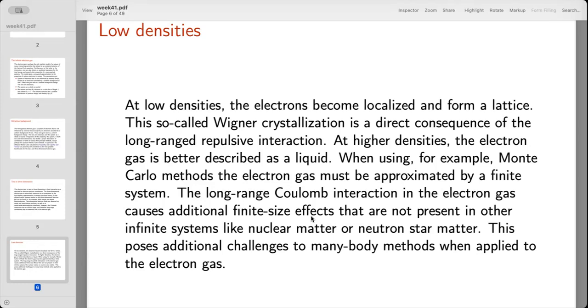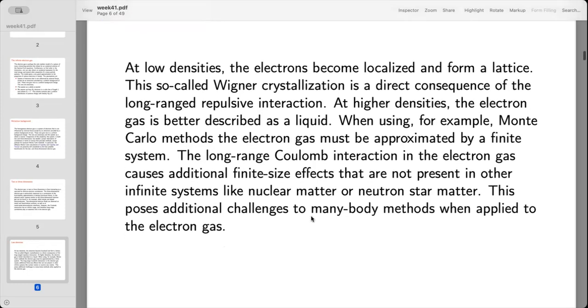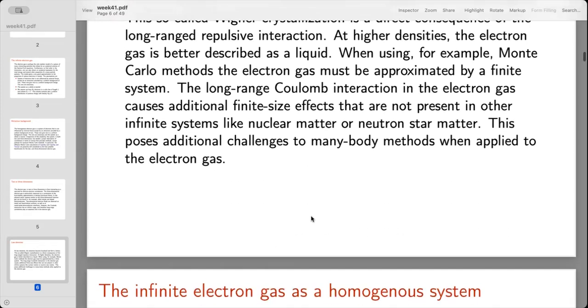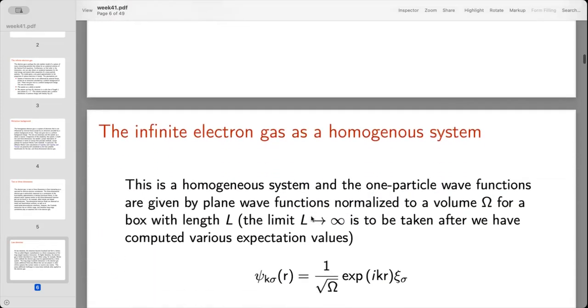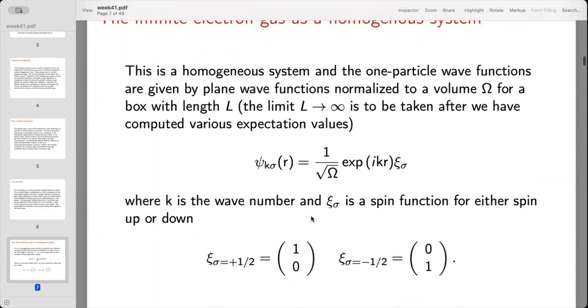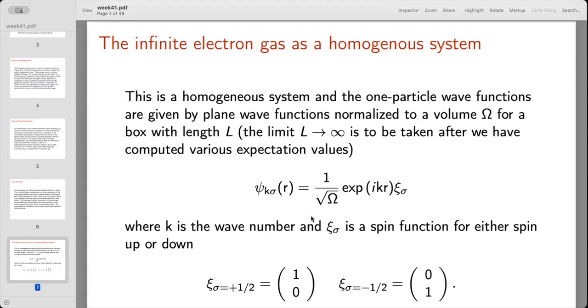And we are going to look at the calculations of the energy as a function of density, which means that we will calculate the energy per particle. Because otherwise, if we have an infinity of particles and if the energy is an additive quantity, we are going to have infinite energy.